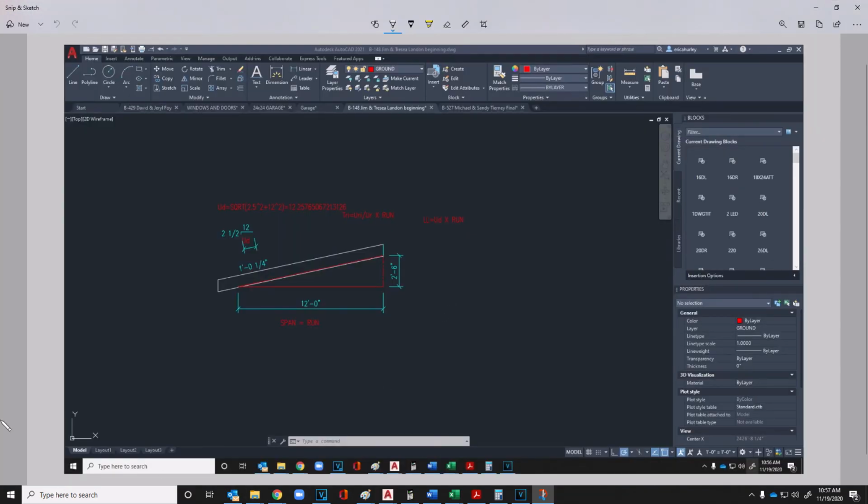All right, so in this case, our unit diagonal is this big long number here, 12.257650, blah, blah, blah, times our run of 12 feet. Now remember, this is going to come out in inches because this is inches. We don't actually put that feet in there. This just turns out to a unit. So let's see what we get here.